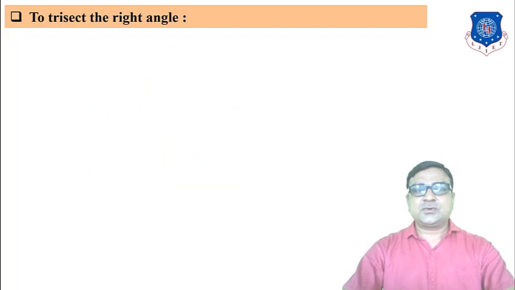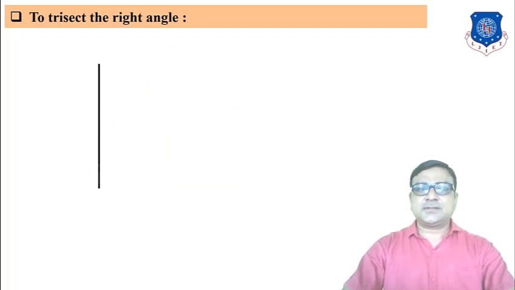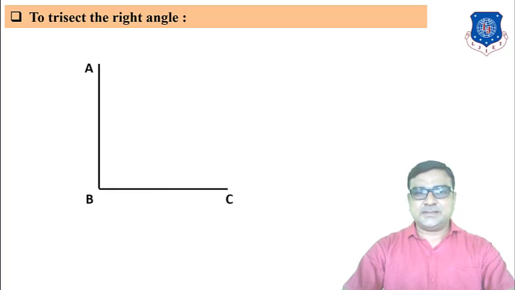Next, to trisect a right angle. I have one right angle ABC. The angle between these two lines is 90 degrees. For that, take any radius R and draw an arc with B as center.